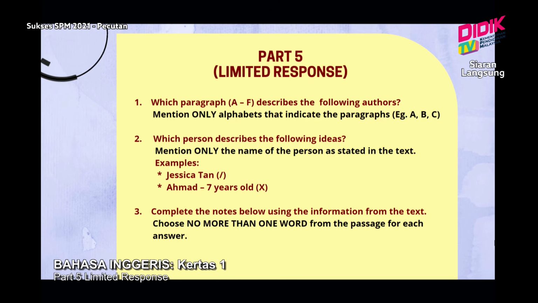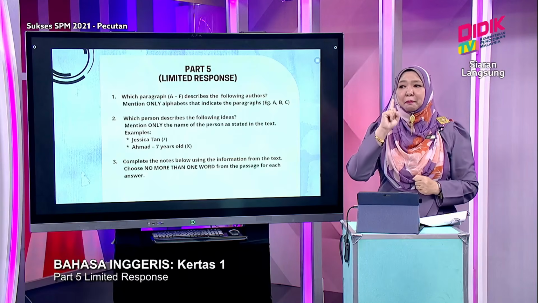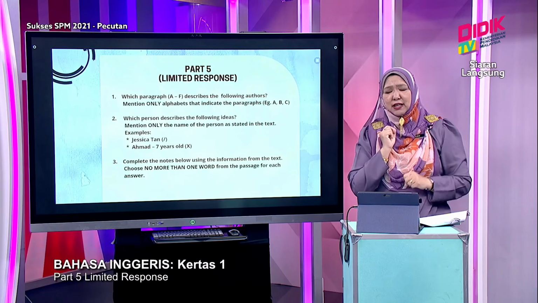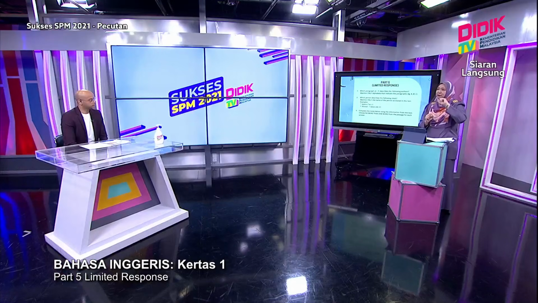You write down Jessica Tan. Don't ever write Ahmad, dash, 7 years old, even though the text states the age of the person, because the instruction is which person. Name only. So that is for the first task.